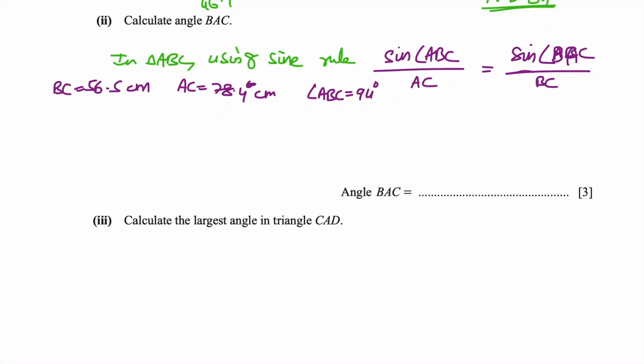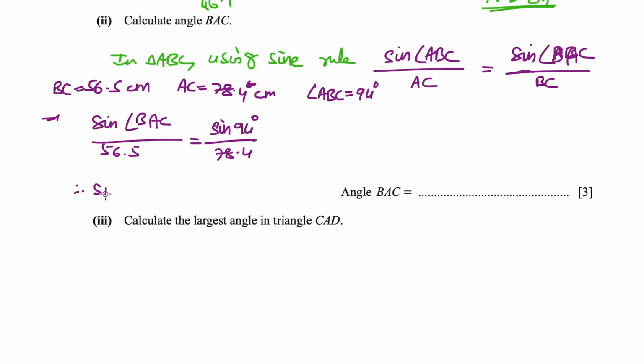Therefore, from this I can write that sine angle BAC divided by BC, which is 56.5, is equal to sine 94 degrees divided by 78.4.